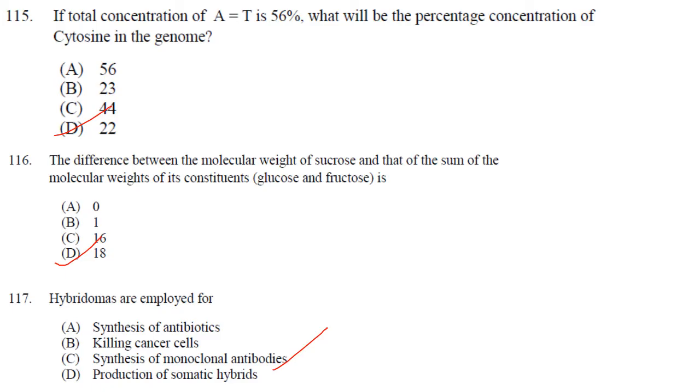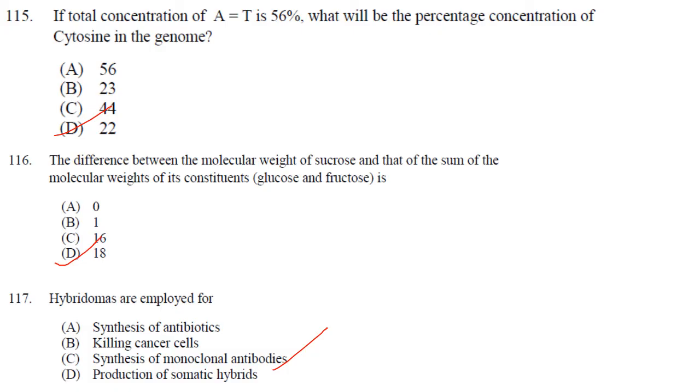Then next one. The difference between the molecular weight of sucrose and that of the sum of the molecular weights of its constituents, that is glucose and fructose, is. So first we will see the molecular weight of sucrose, that is 342. And the molecular weight of glucose, one of the constituents of sucrose, is 180, and the molecular weight of fructose, the other constituent, is also 180.